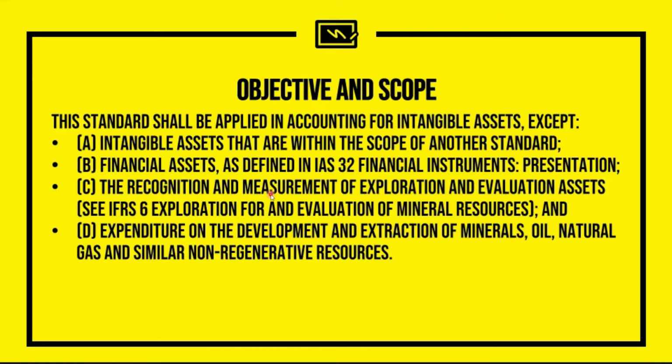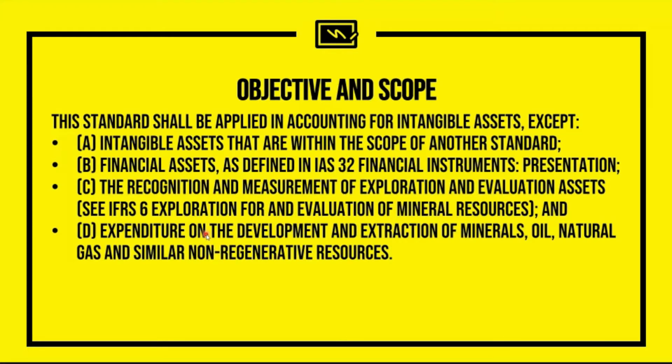That's actually very self-explanatory because the IASB does not want any discrepancies or problems with the various standards that are being applied to one particular item. So if it is already covered by a specific standard, then it is no longer covered by IAS 38.